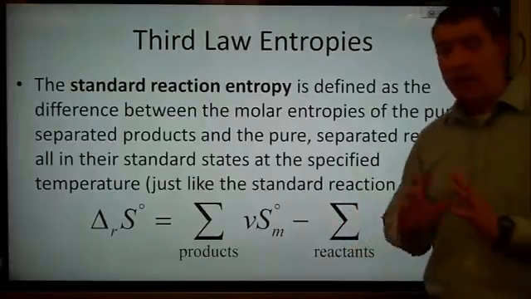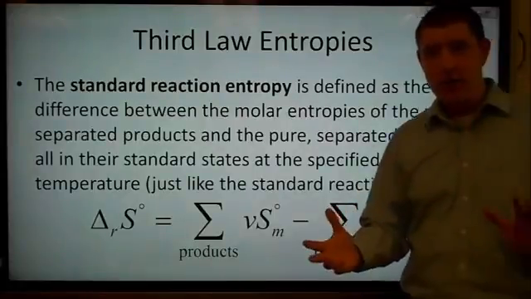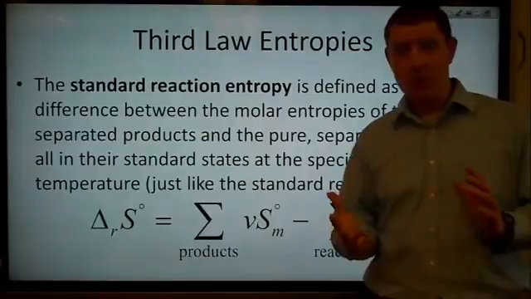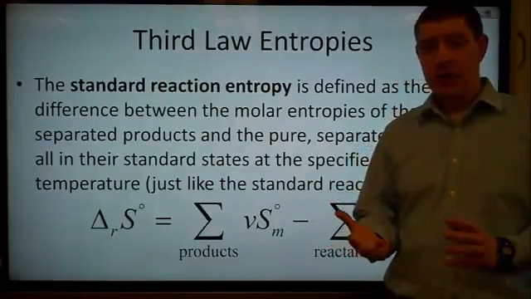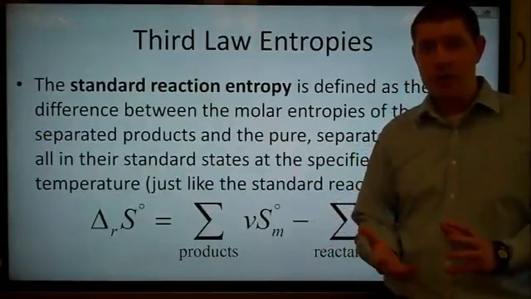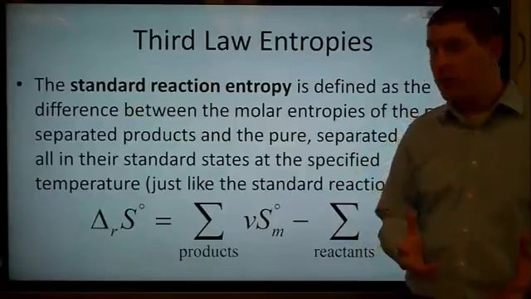All right, so now let's talk about a chemical reaction. If we have some chemical reaction occurring, we may have a change in the number of moles of gas, or we may have a change in the composition of compounds. When that happens, we can change the entropy.